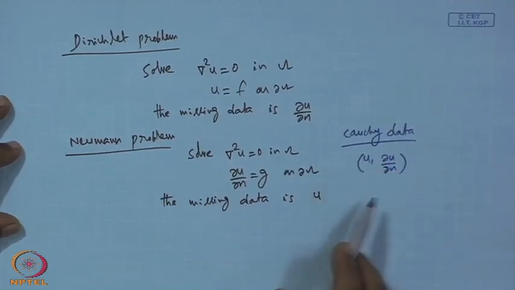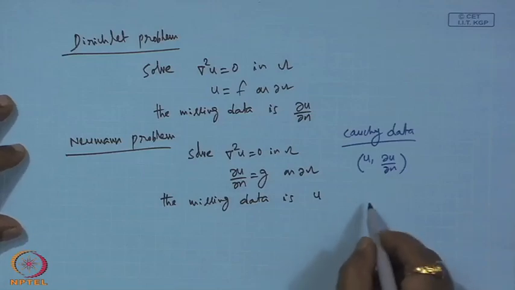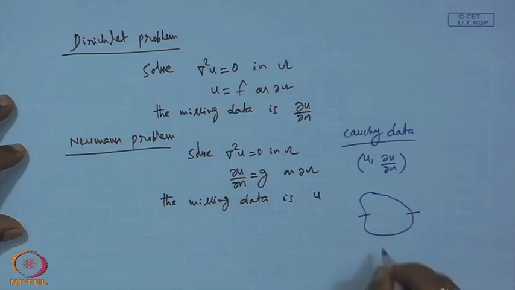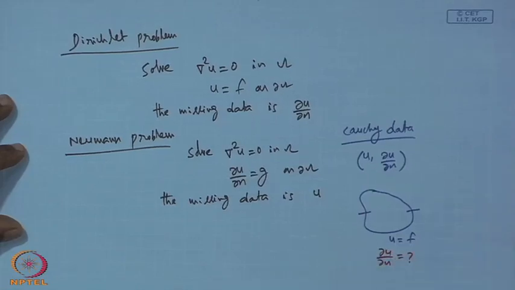So, this is Cauchy data. That means if, for example, here u equals f, then here we need to determine, okay.